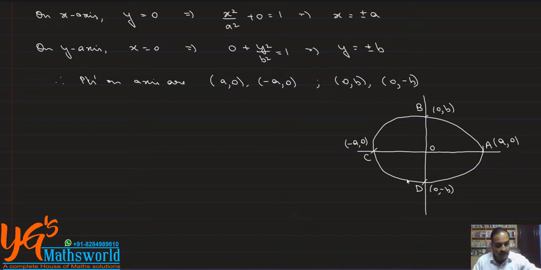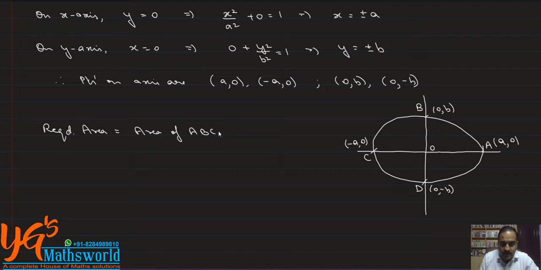Now after this, what we have to find is the area bounded by the complete ellipse. That means all the 4 quadrants. Required area is equal to the area of A, B, C, D. Now we have to check about the function also, whether the ellipse is symmetric about the function or not.